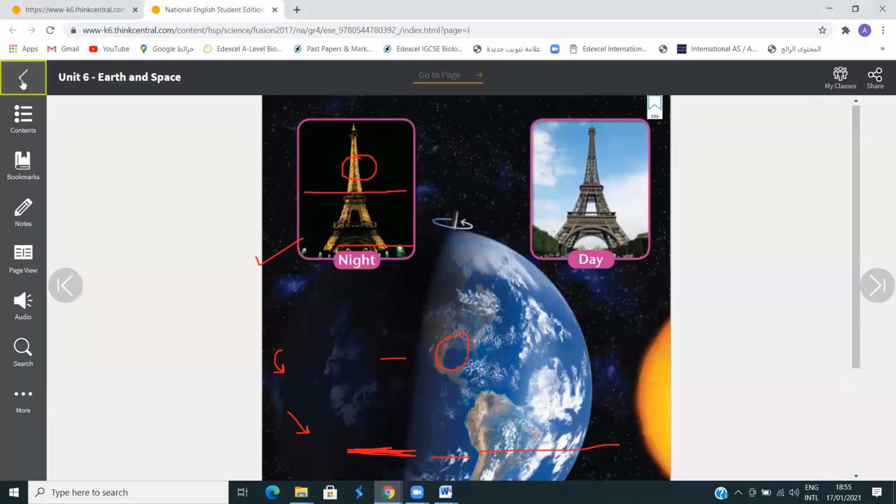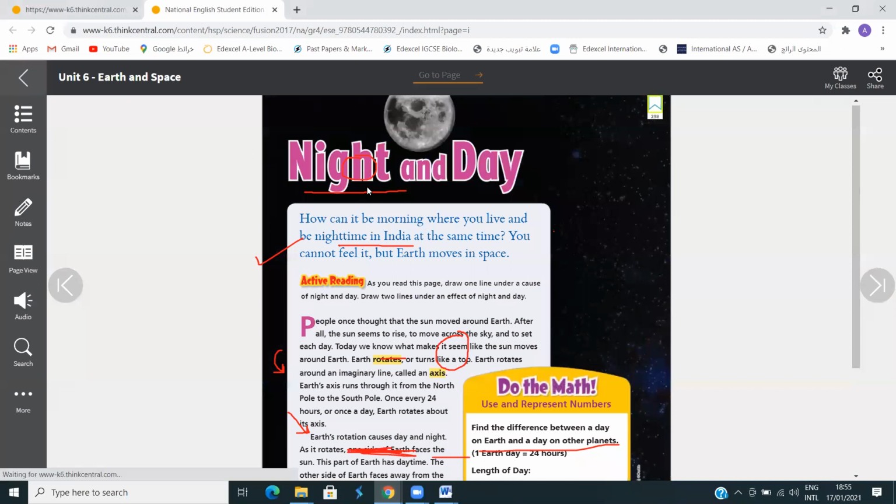What if there was no sun or no moon? What would happen? Would you freeze to death? What happens is that the sun goes away. There's no sun.